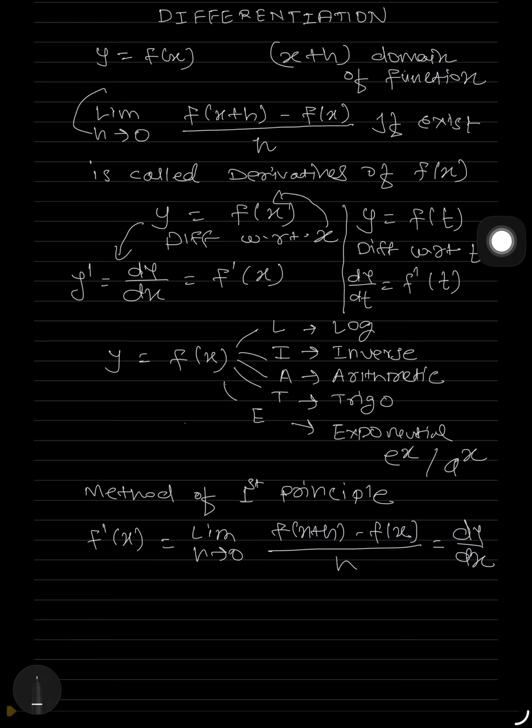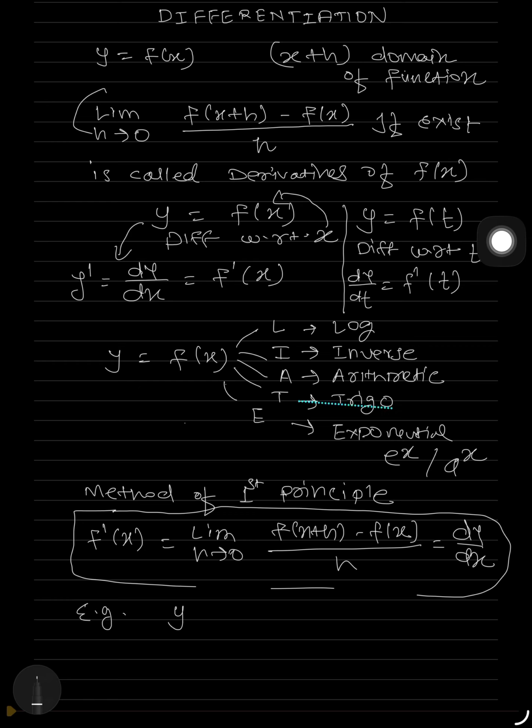So we will take the direct formulas of these LIATE functions, and the answer we can find by this first principle method. For example, y is equal to sin x.